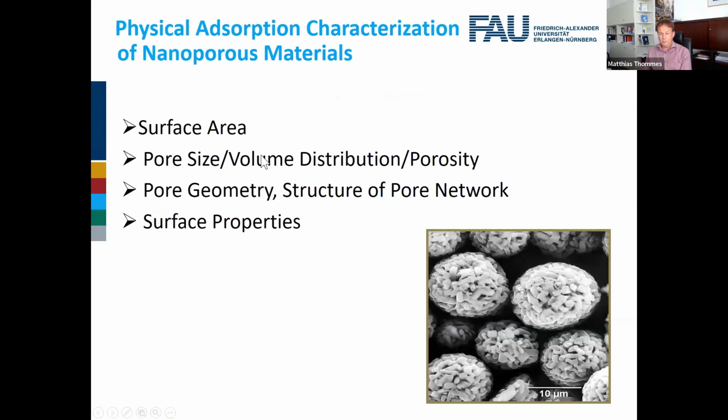And I decided to talk also a little bit about surface area, not directly correlated to the phase behavior of fluids in pores, but very important for the application of all of these porous materials.